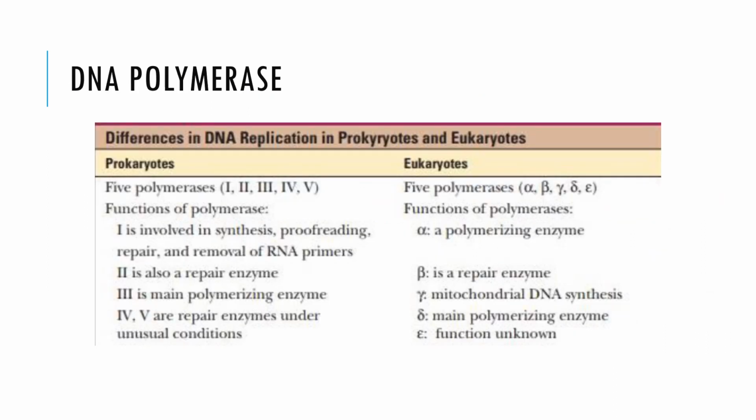Next is the DNA polymerase. As you can see in this diagram, in case of prokaryotes, 5 polymerases are present. In eukaryotes these 5 polymerases are important, but there are many polymerases, more than 12 or 15, like theta, sigma, eta, zeta, and so on.